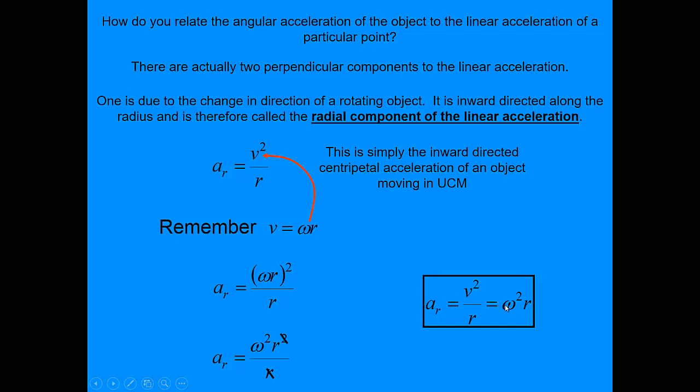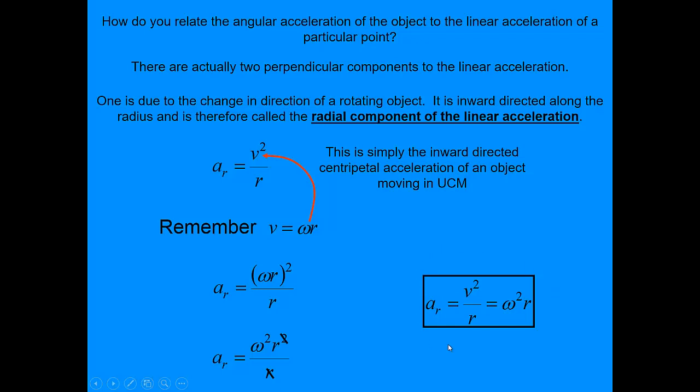So radians squared per second squared times a meter is a meter per second squared. The radians just disappear if you don't need them. But you can't do that if this is in degrees or revolutions or something. It has to be in radians in order to get out meters per second squared for your linear acceleration. So again, this is the part of the linear acceleration that is due to changing direction.